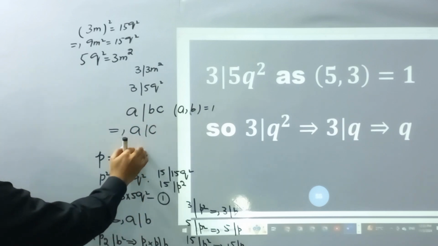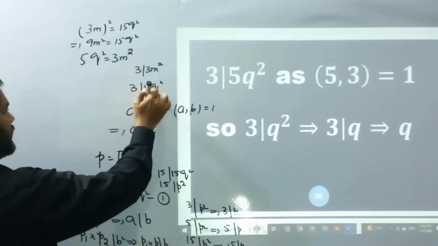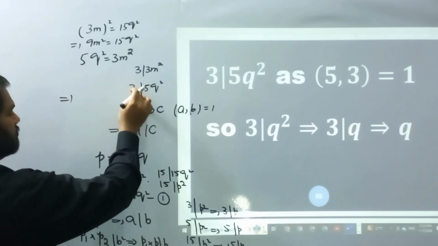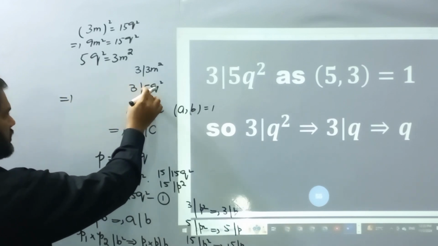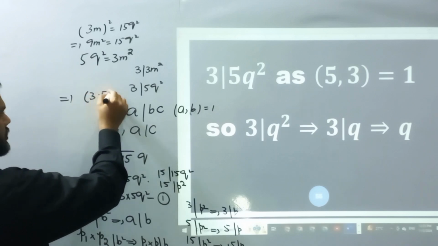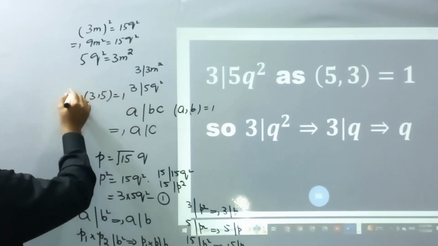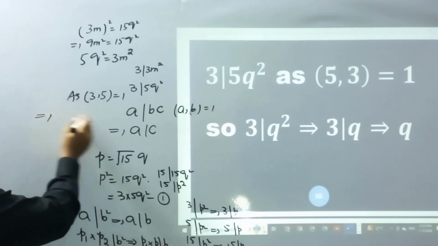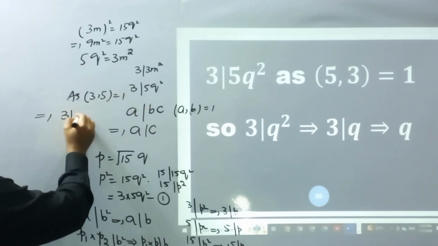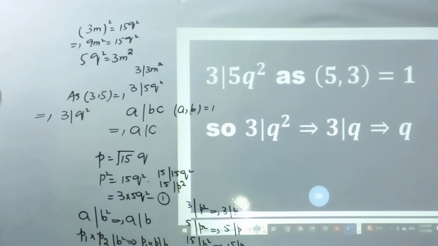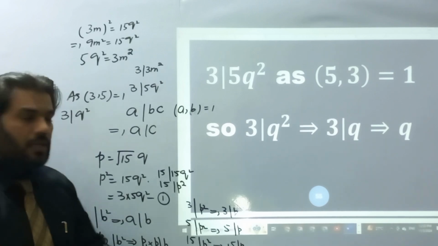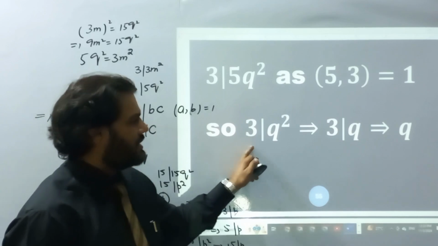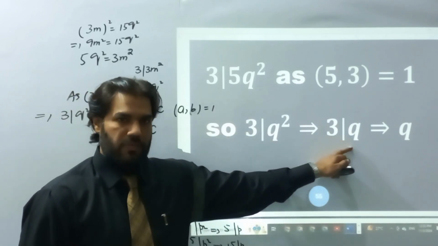So by using this result, when 3 divides 5q square, as the GCD of 3 and 5 is 1, that is, 3 and 5 are relatively prime, according to this result 3 will divide q square. Now 3 is a prime number that divides the square of a number, so 3 will divide the number without the square, 3 will divide q.